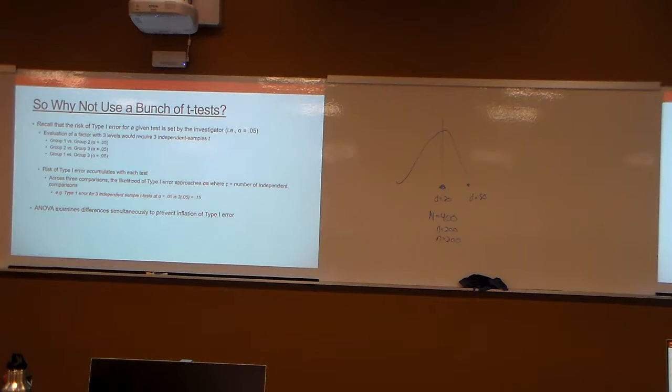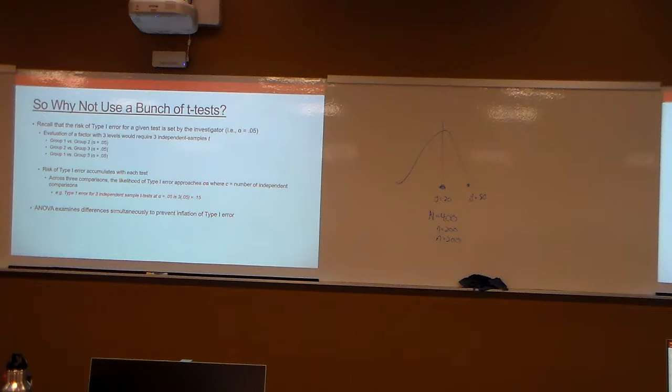So what we do in ANOVA, from an old school method standpoint, is look at differences across these 3 groups simultaneously. Instead of running 3 different tests, let's run 1 test and capture overall whether I see evidence of differences across these conditions.